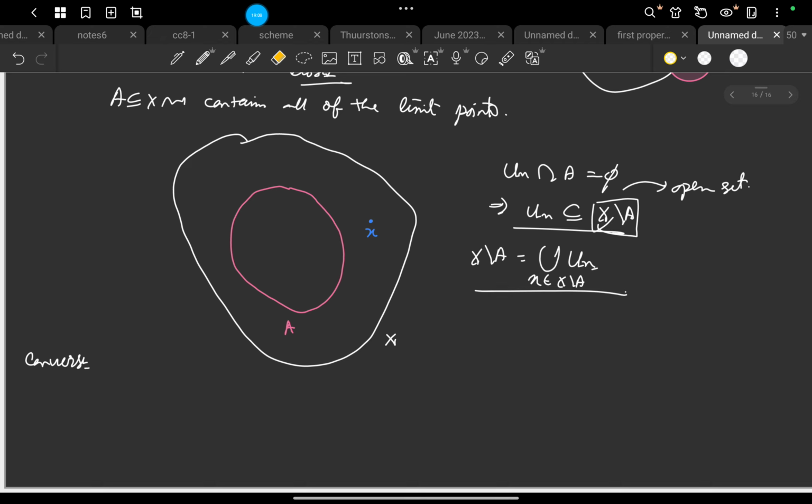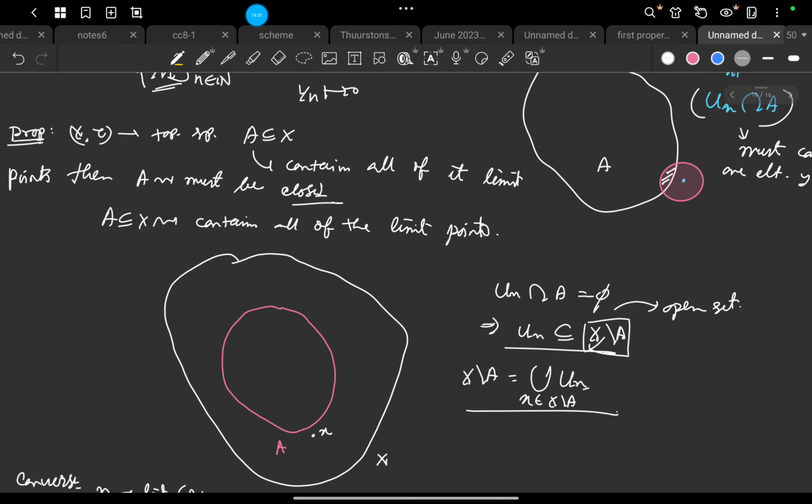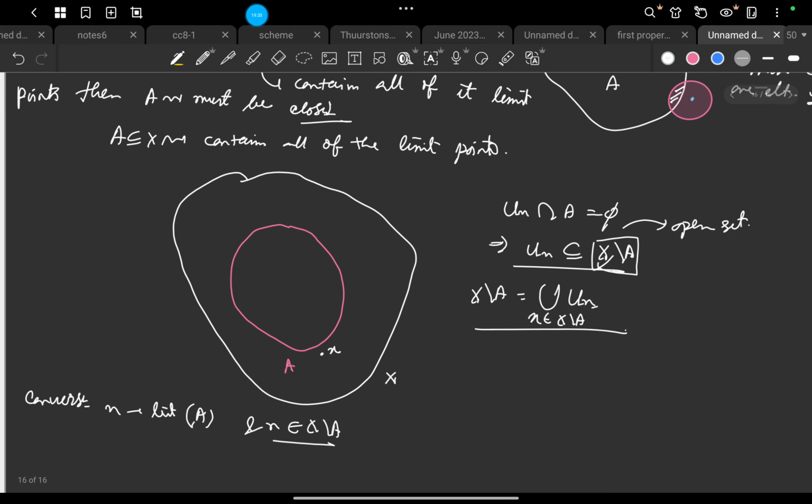Let us consider small x, one element, such that small x is a limit point of A, and small x belongs to X minus A. As small x belongs to X minus A, that means X minus A is an open set, right? Because A is a closed set. You have assumed that A is a closed set. So there exists one neighborhood which is completely inside it.